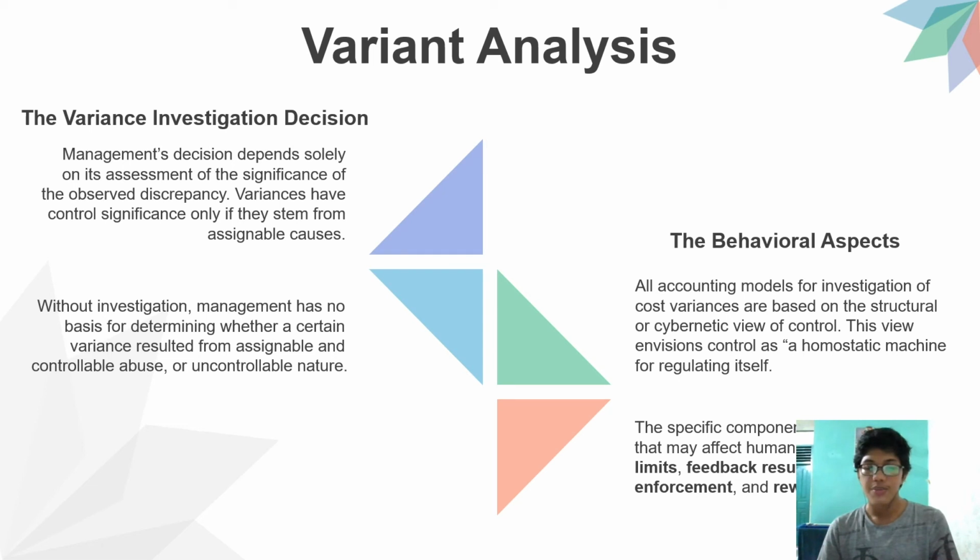The specific components of the control policy that may affect human response are the control limits, the type of feedback results, the strictness of the environment, and the rewards and penalties attached to the control party.